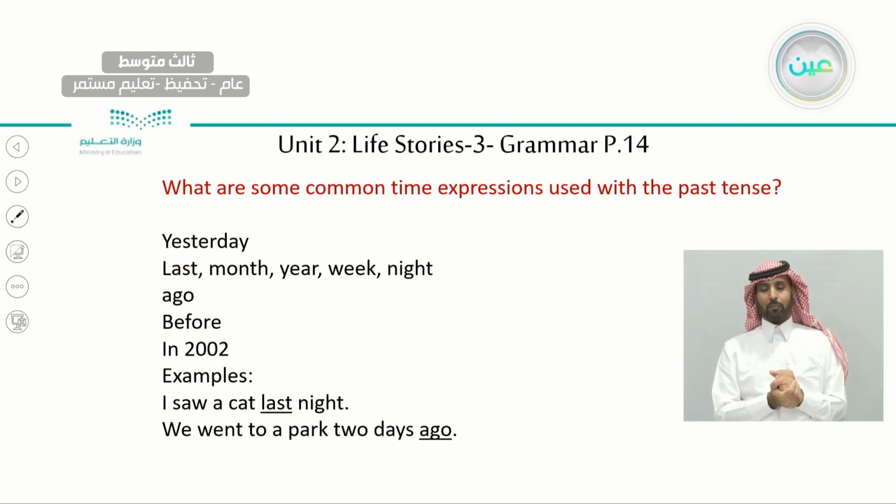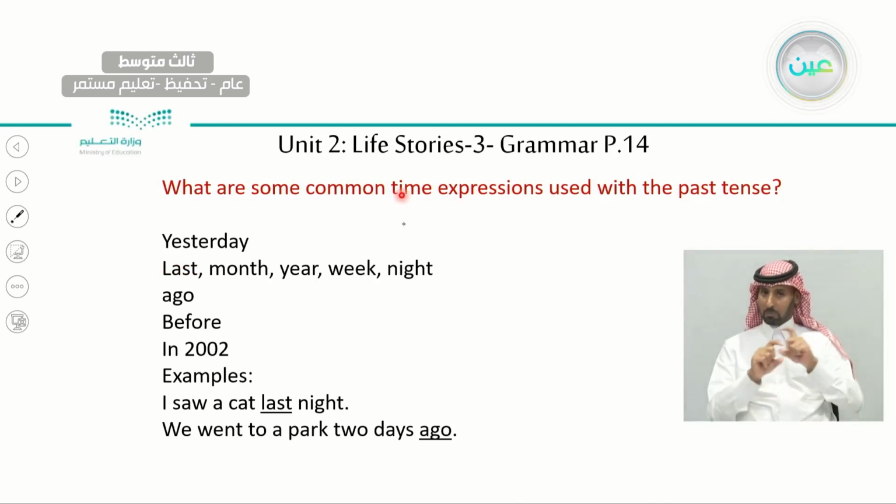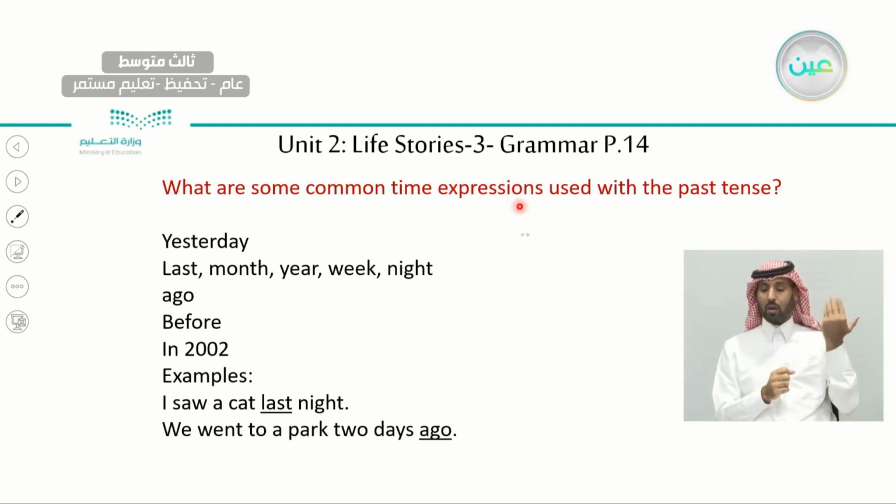So we have some common time expressions, like yesterday. We have other expressions we use with the past tense. What are these expressions? We have yesterday, last month, last year, last week, last night, okay? We have ago, like 3 years ago, 4 years ago.